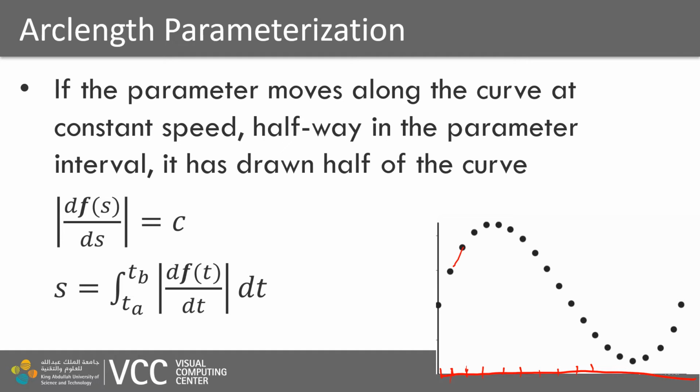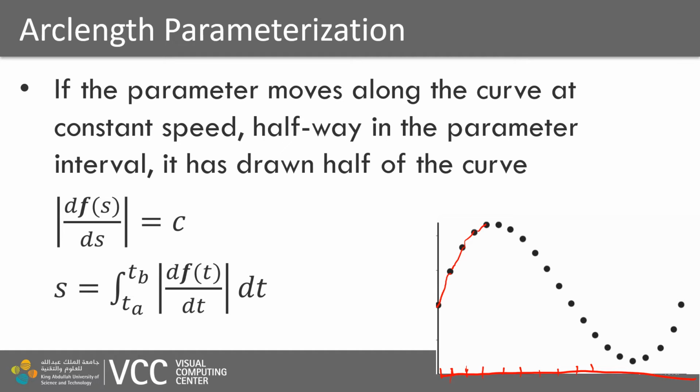The second segment is shorter than the first, the third is even shorter, and the fourth is even shorter. So this curve is definitely not arc length parameterized. Uniform sampling of the parameter interval doesn't lead to equal distances on the curve.